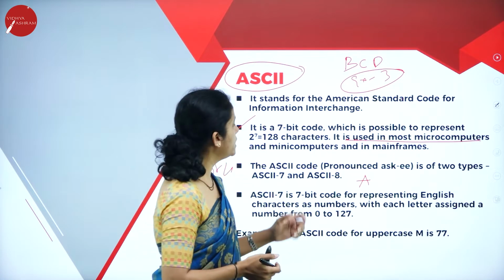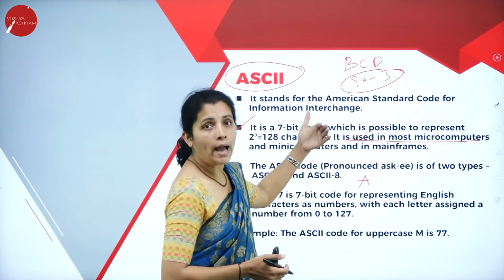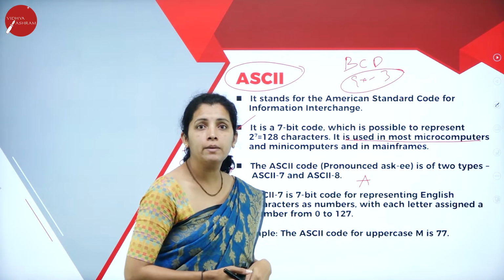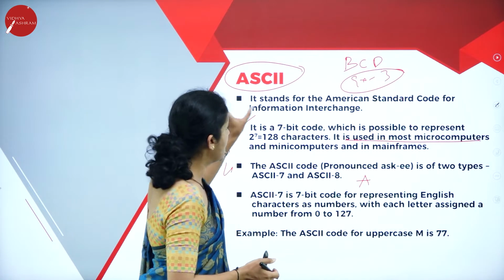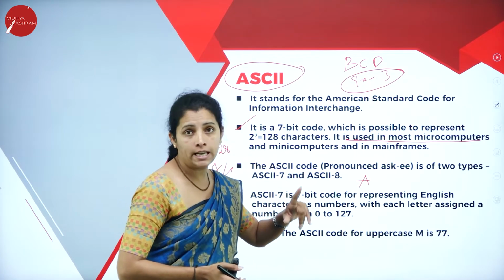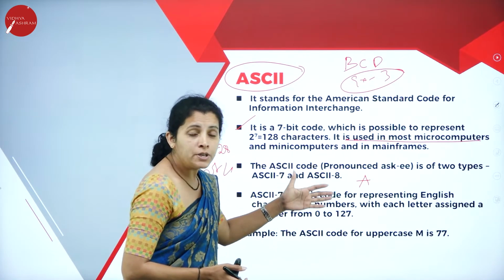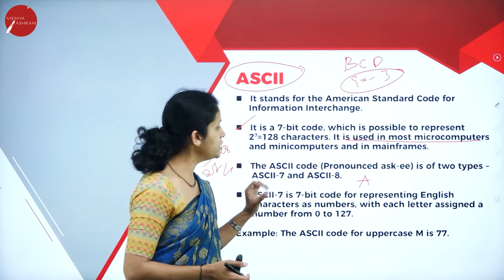That means whatever letter I press is converted into ASCII form. Then only the computer is able to understand this letter. And in ASCII, for each letter, number, and special character, we have an ASCII representation.